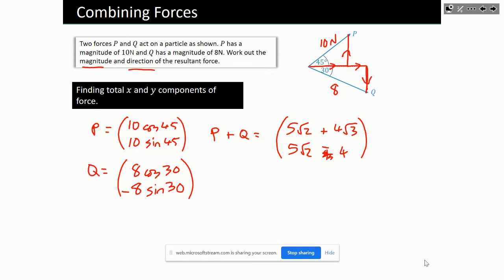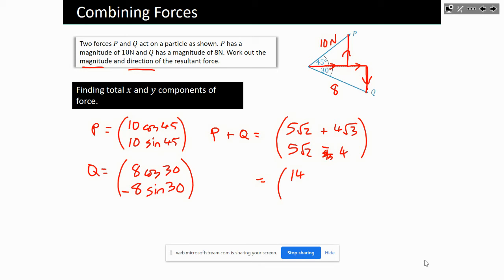So here what we have is 5 root 2 plus 4 root 3. If I type these into the calculator, just to give you an idea of the approximation, 5 root 2 plus 4 root 3 is 14.